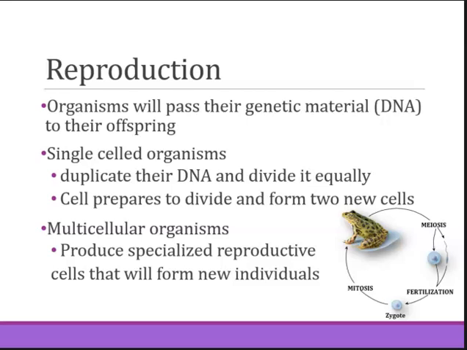Multicellular organisms produce specialized reproductive cells that will form new individuals. For example, we have an egg and a sperm. These are sex cells that will then produce a zygote and undergo multiple cellular divisions to produce the organism.